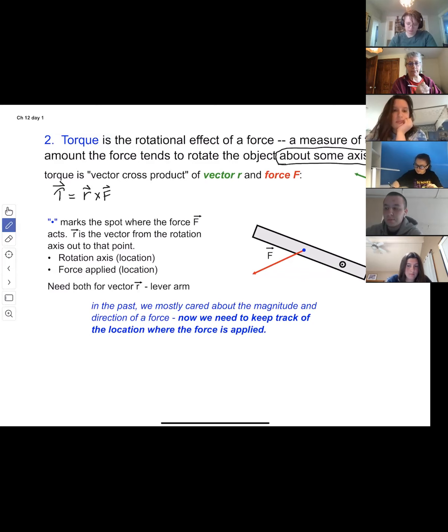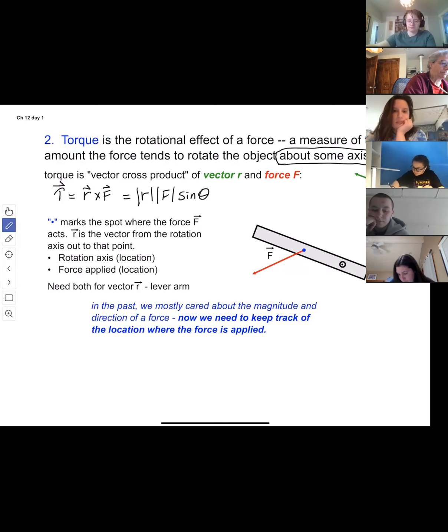And since we're really sticking to the 1D equivalent, tau is really going to be something that indicates clockwise or counterclockwise. So I'm not going to worry that much about the direction of tau for the moment, but it's r cross F, and your book also says that is the magnitude of r times the magnitude of F times the sine of the angle between them.